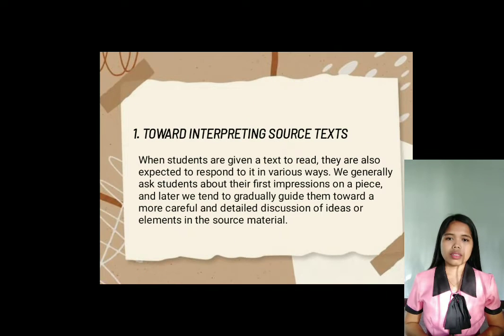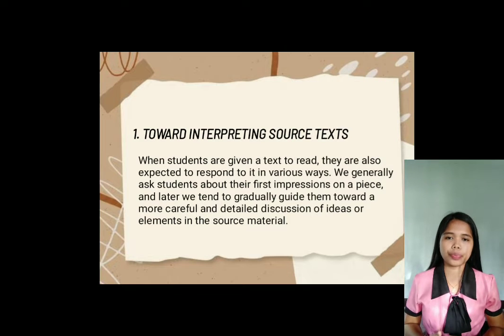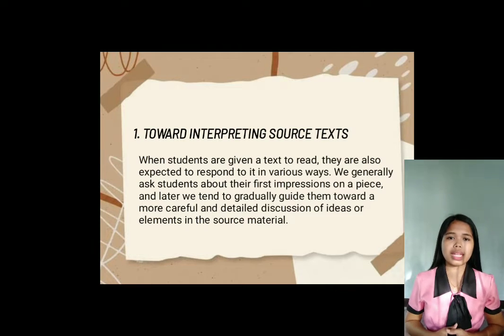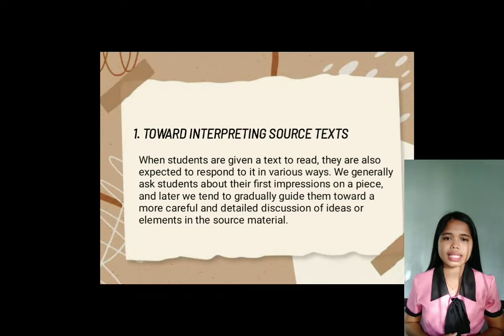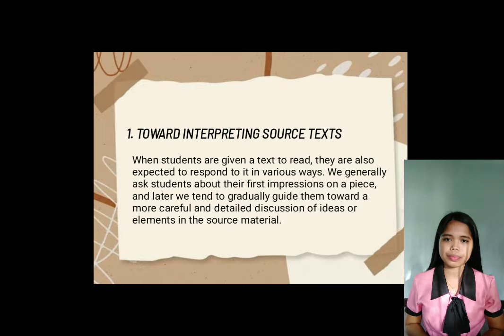Number 1. Toward interpreting source text. When students are given a text to read, they are also expected to respond to it in various ways. We generally ask students about their first impressions on a piece, and later we gradually guide them toward a more careful and detailed discussion of ideas or elements in the source material.